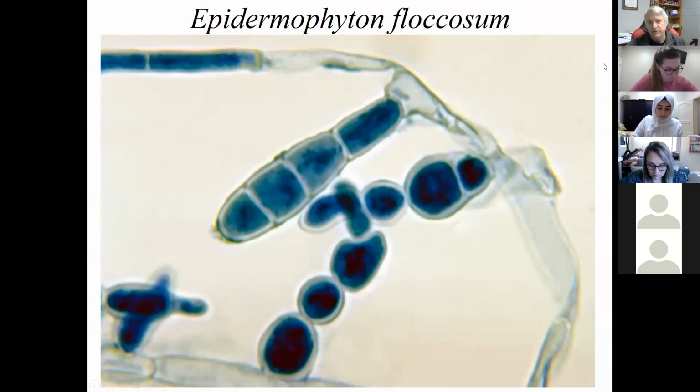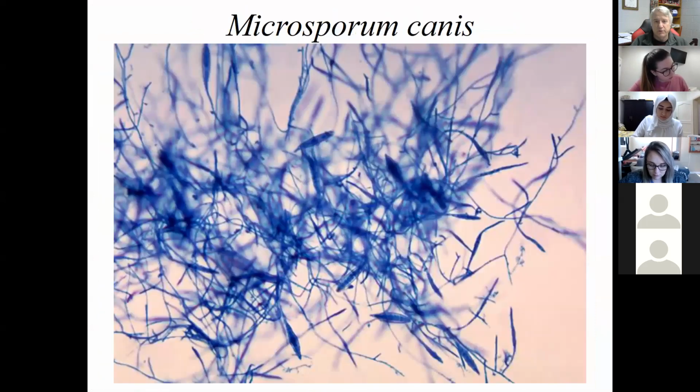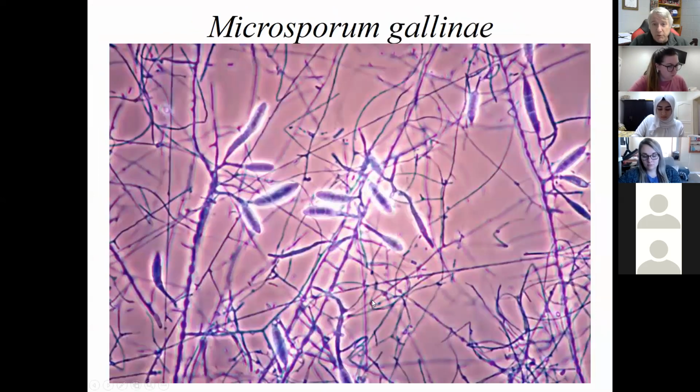Epidermophyton floccosum. That's that club shaped. I think we have that one on our slide review, not a different picture. Microsporum canis. See that? I know you got to look close, but you see these heads that look very similar. Microsporum gallinae.